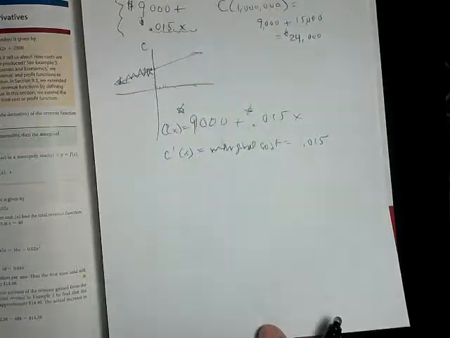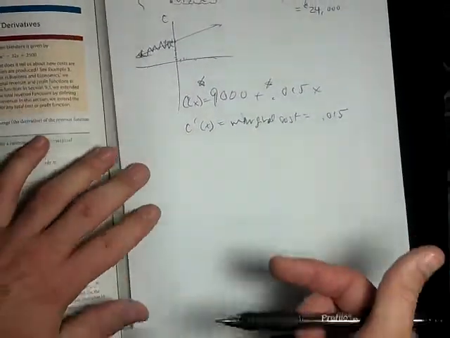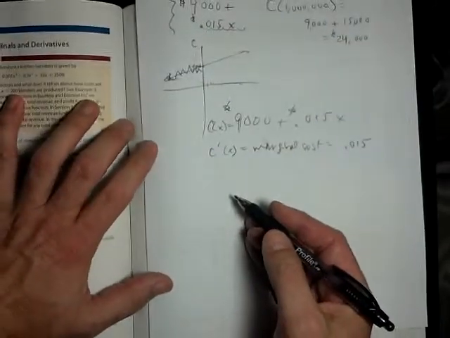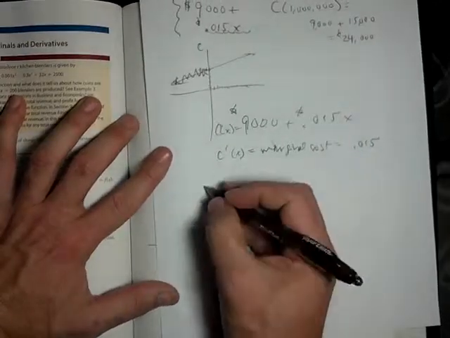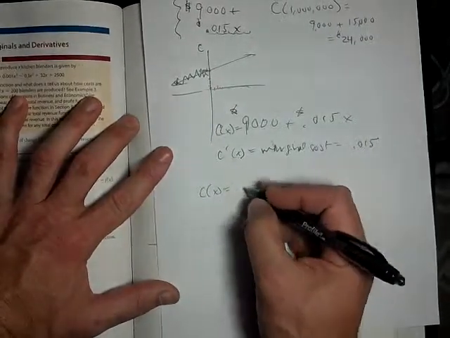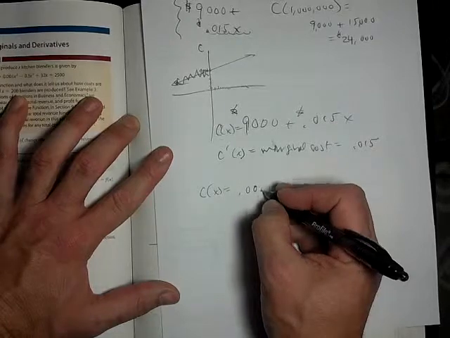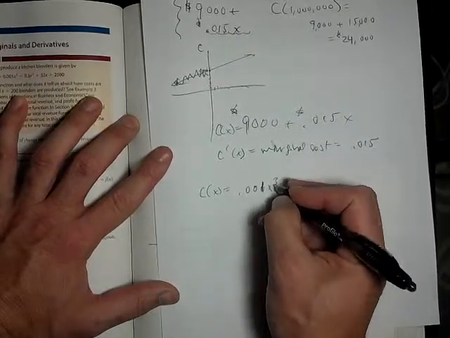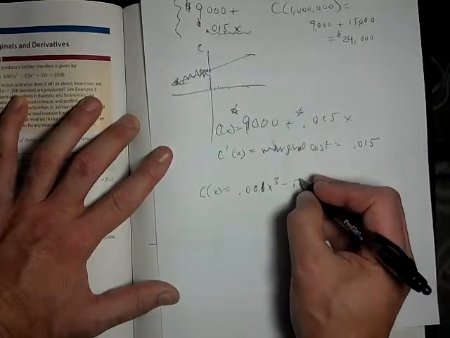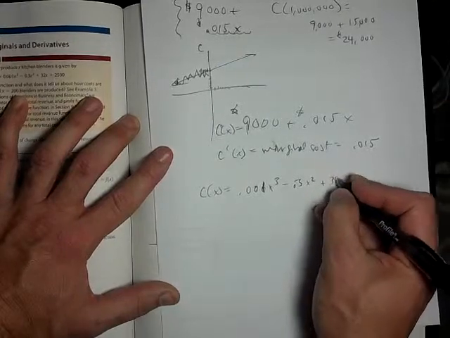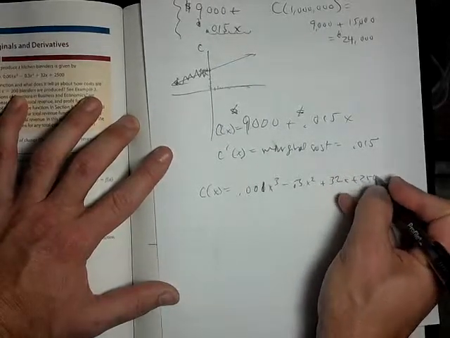So the example they give you in 9.9 is just some random cost function which is equal to 0.00001 x cubed minus 0.3 x squared plus 32x plus 2500.